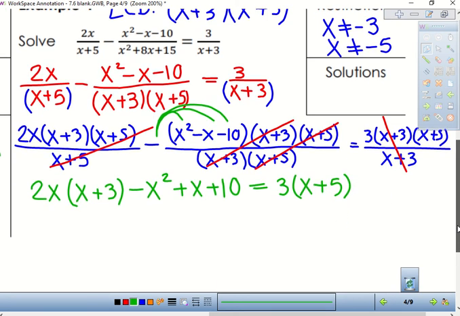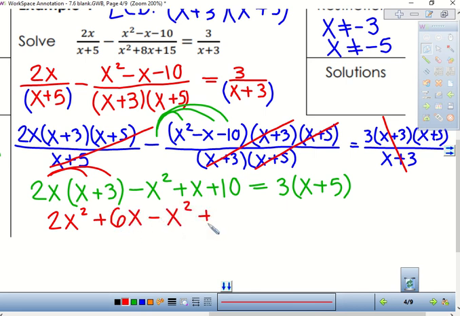And then from here, you're going to use the distributive property. We get 2x squared plus 6x minus x squared plus x plus 10 is equal to 3x plus 15.